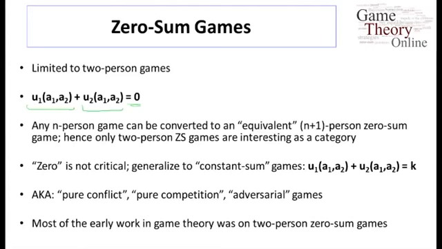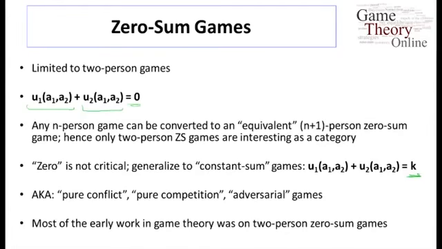Everything that you can say about zero-sum games, you can say about constant-sum games. So it's not important that they sum to 0. They could sum to some number k, for instance, as long as whatever benefits one player, if they get a payoff above k, then the other person has to be pushed down below k. These are also known as games of pure conflict, pure competition.